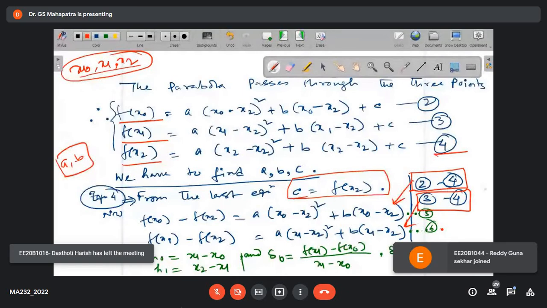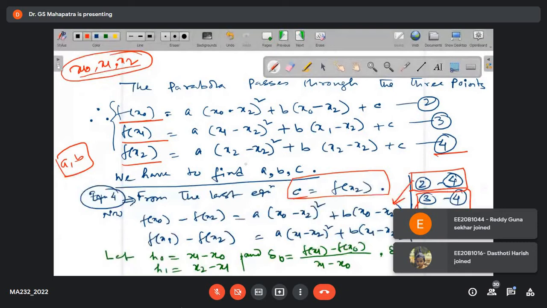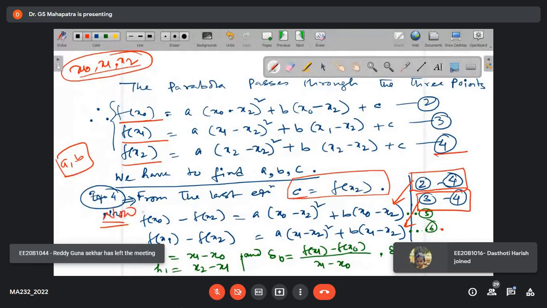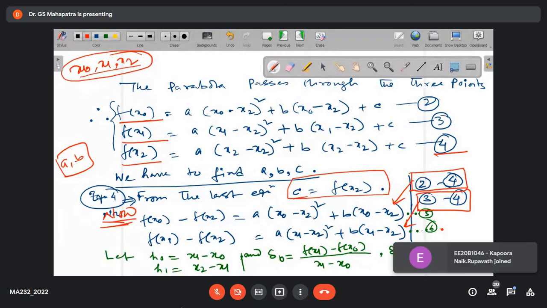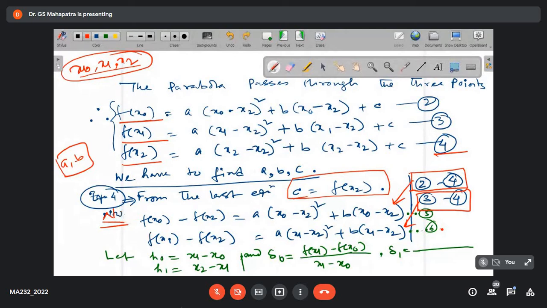What is 4? 4 is f of x2 equals c. So f of x0 minus f of x2 equals a into (x0 minus x2) square plus b into (x0 minus x2), and f of x1 minus f of x2 equals a into (x1 minus x2) square plus b into (x1 minus x2). So this is equation 5 and 6.